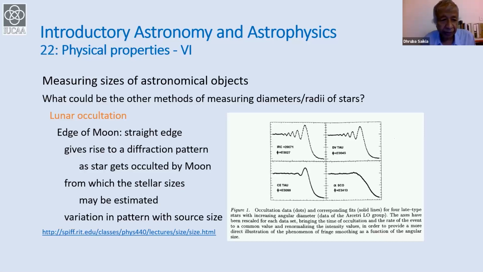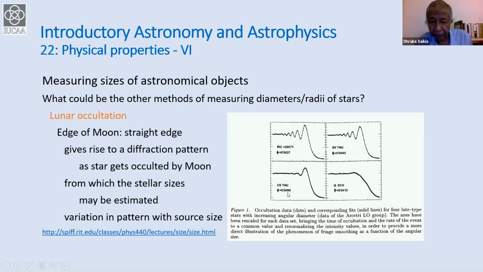And for the stellar diameters, what we can do again is use the same method: the edge of the moon, which is a straight edge, gives rise to a diffraction pattern as the star gets occulted by the moon. The figure over here shows the change in the diffraction pattern as the angular size of the star changes. You can see when it is very compact, it's 0.0027 arc seconds, and it keeps increasing to 0.005 arc seconds.